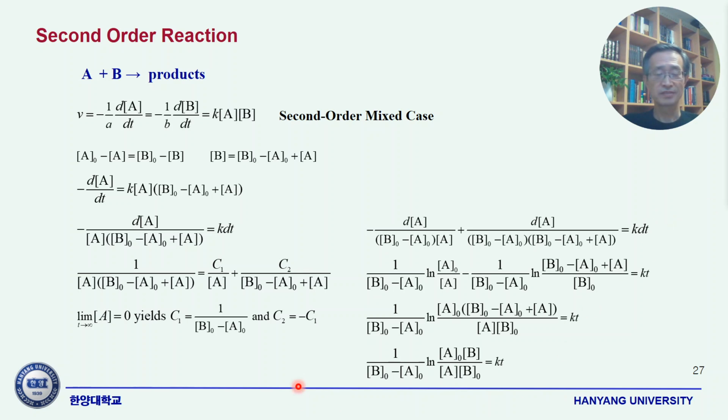Well, it might not be that clear, so I will explain again. You make a common denominator, A times this term, and then multiply this with C1 and A with C2.